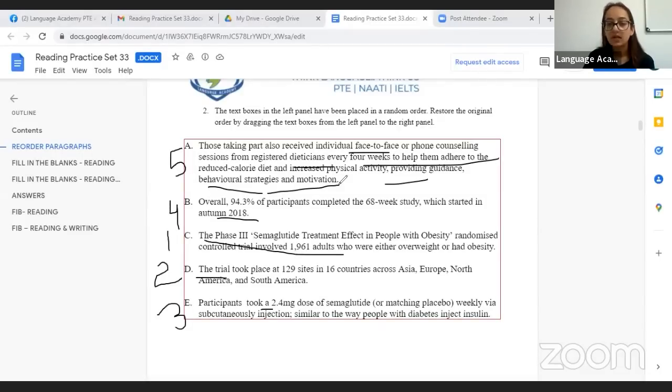Why can't A come after E? Because E is talking about what the study was about, so they had to take the medicine. And taking the medicine has nothing to do with counseling, or is it? Participants took weekly via injections, or do you think also received? Four and 5.